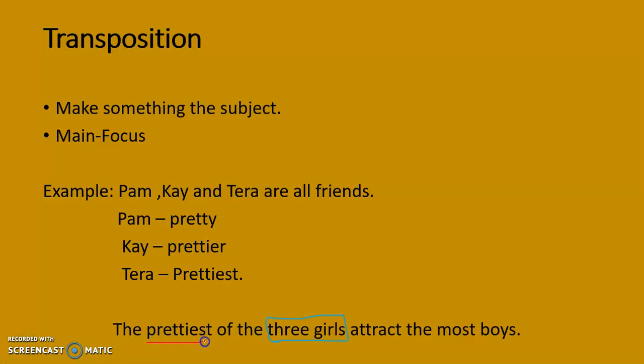Even though there are three girls and all three girls are pretty, their main focus is on the prettiest, which would have been Tira. So it says the prettiest of the three girls attract the most boys. Even though all three girls are pretty, we are focusing on the prettiest, which is Tira.